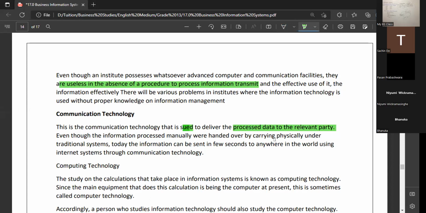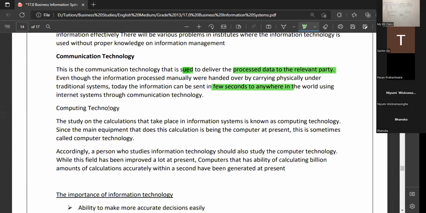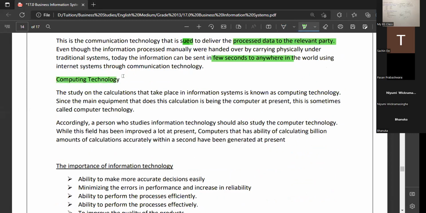So today the information can be sent in a few seconds to anywhere in the world using internet systems. Then the computing technology: the study of the calculation that takes place in an information system is known as computing technology. Since the main equipment that does this calculation is the computer at present, this is sometimes called computer technology. It's about the processing part.